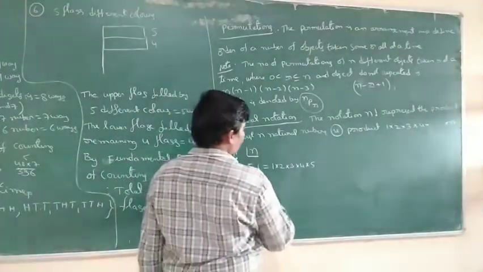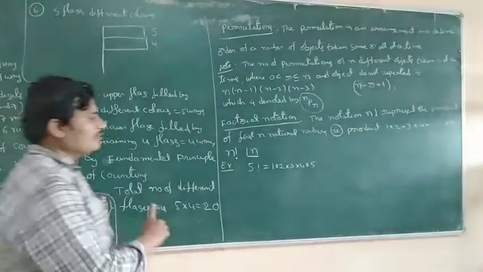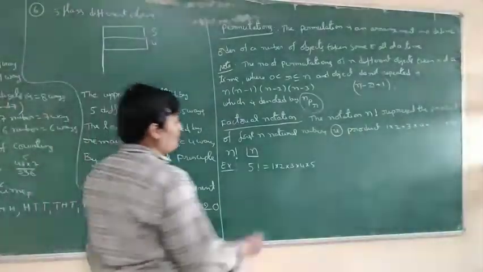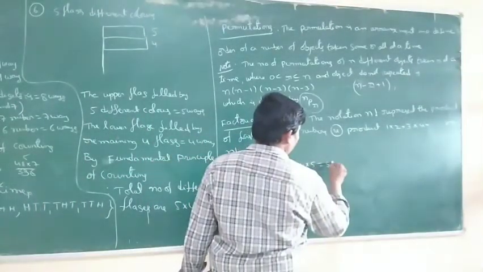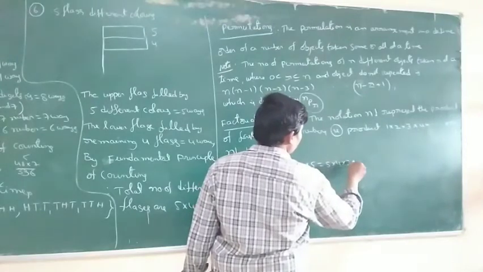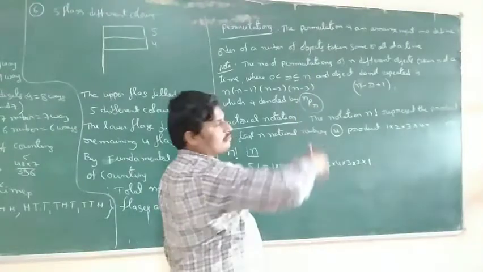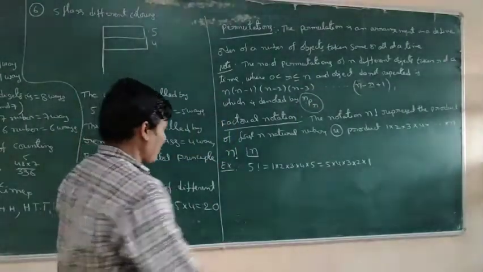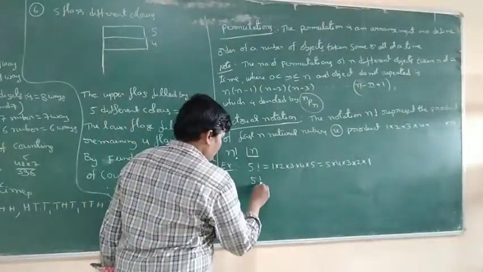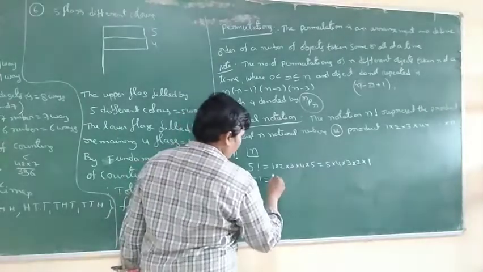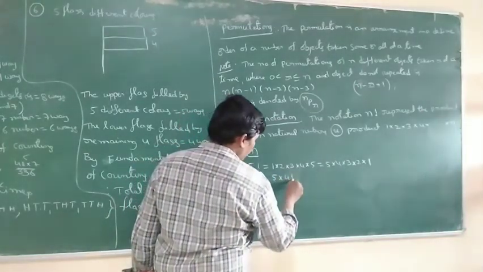So 5 factorial is starting from 1 to 5 multiplied, or 5 into 4 into 3 into 2 into 1, starting from that number down to 1. So 5 factorial is equal to 5 into 4 factorial.